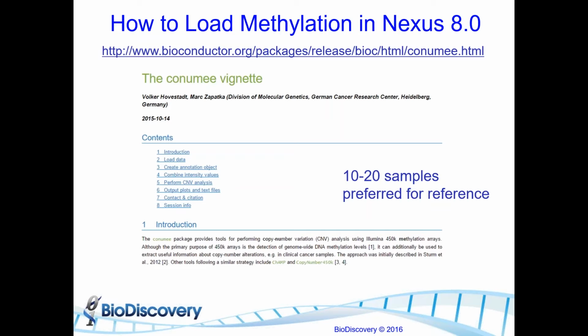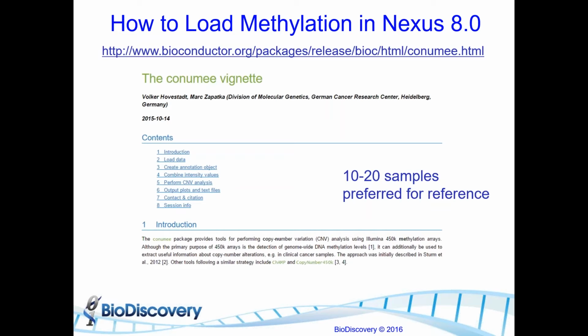It's going to take in that information. We are going to specify a set of 10 to 20 samples for the reference. In the examples that I'm going to show you today, I used anywhere from 12 to 24 samples for my references. You're going to specify reference samples and then input your other samples that you want to estimate copy number from.